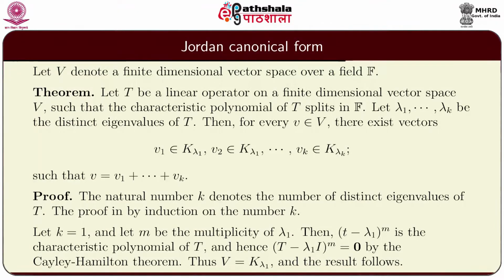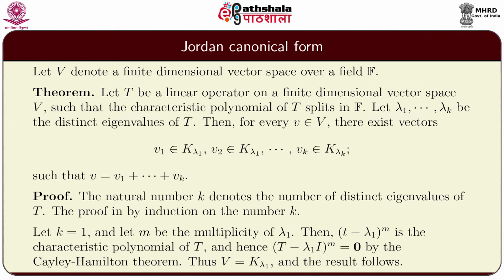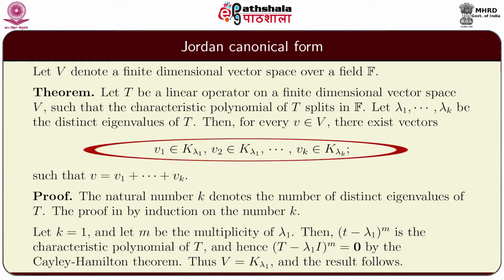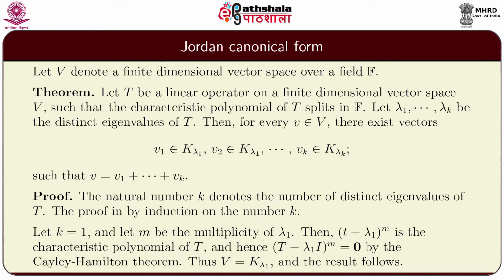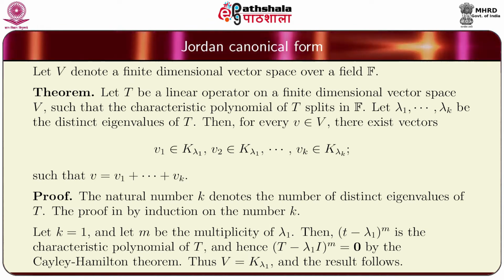Let V denote a finite dimensional vector space over a field F. Theorem: let T be a linear operator on a finite dimensional vector space V such that the characteristic polynomial of T splits in the base field F. Let lambda 1, lambda 2 and so on up to lambda k be the distinct eigenvalues of T. Then for every vector v in V, there exist vectors v1 in K lambda 1, v2 in K lambda 2 and so on, vk in K lambda k, such that v is equal to v1 plus etc. up to vk.